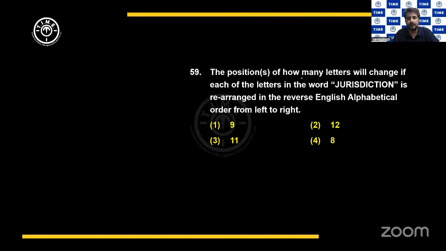The positions of how many letters will change if each of the letters in the word jurisdiction is rearranged in reverse English alphabetical order from left to right? Reverse English alphabetical order from left side to right side. Jurisdiction.